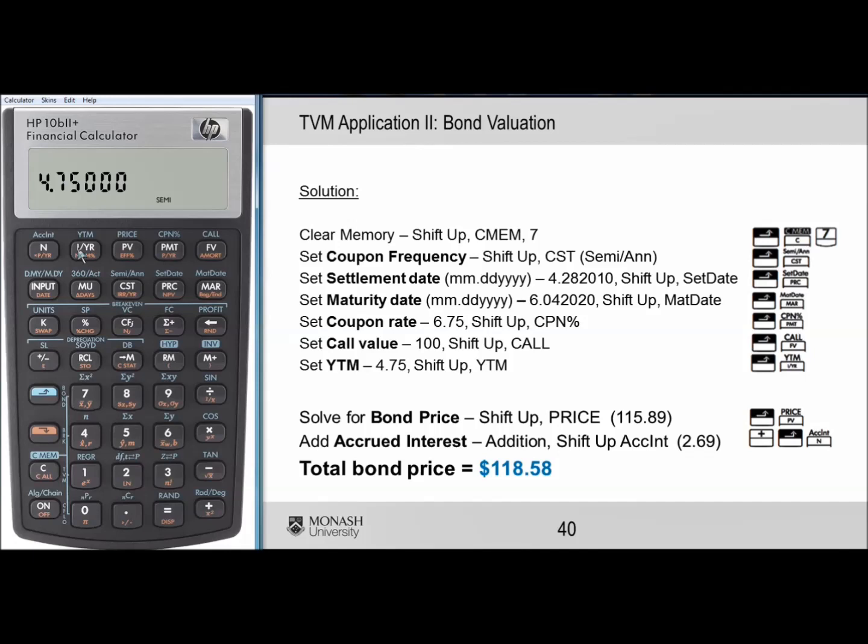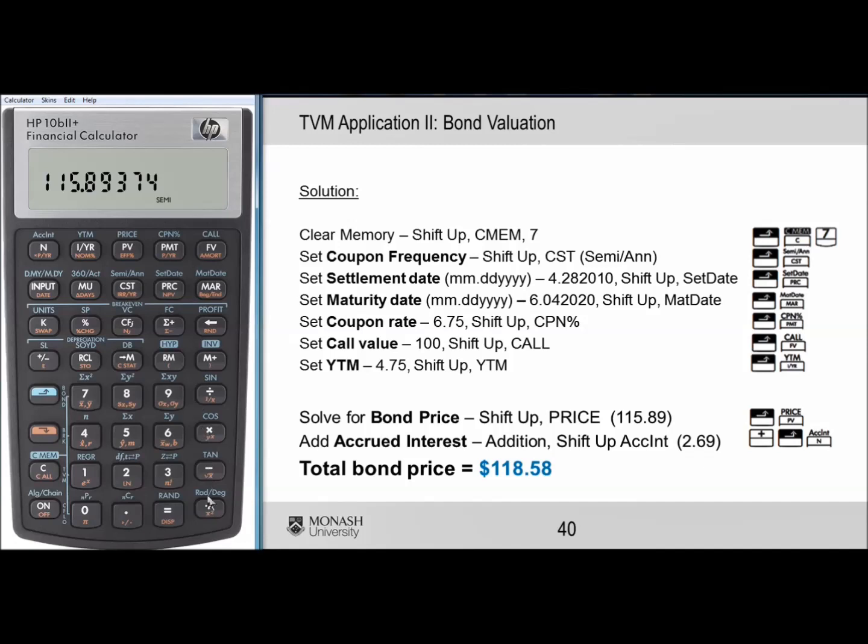To solve for the bond price, shift up PV. This is the gross price. And we need to add any accrued interest into the bond price to become the total price for the bond.